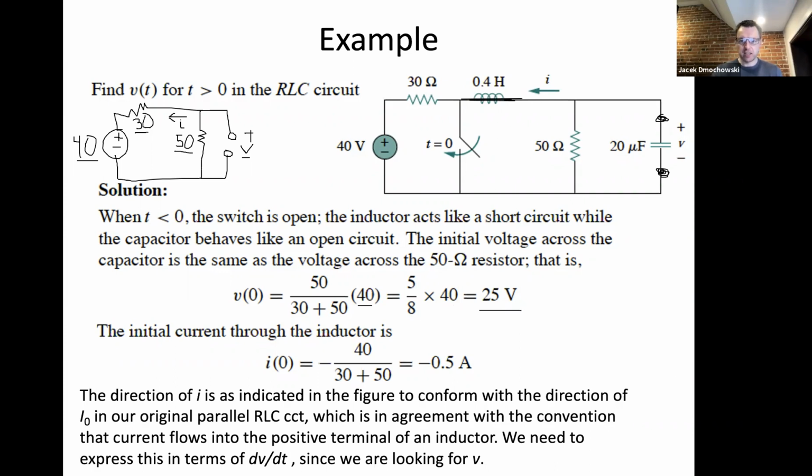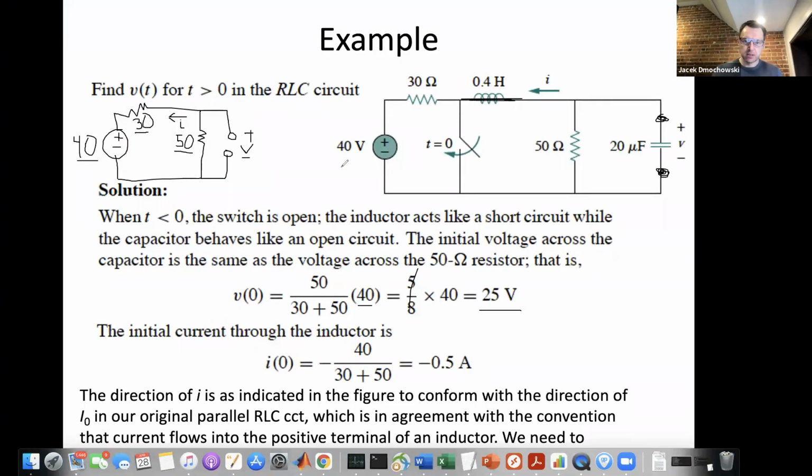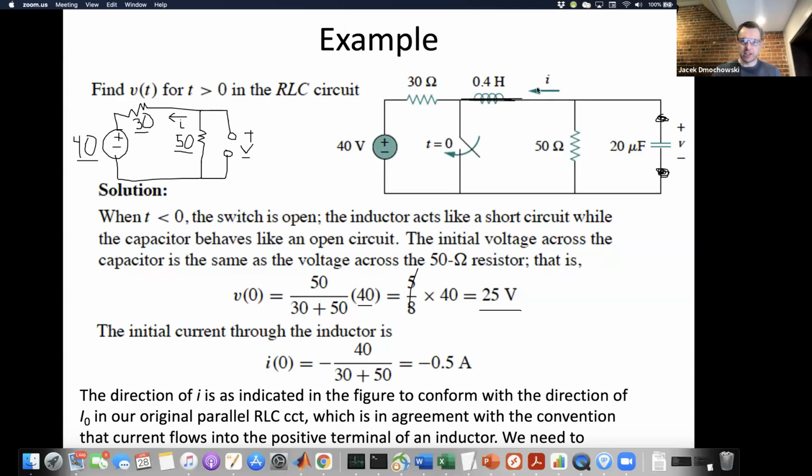Hopefully everyone, if you're not clear on how we got this 25 volts, please do not be afraid to speak up. Okay. All right. So then the next part of this initial condition is the inductor current I. So in this circuit, basically the current is flowing this way. So we suspect that the value of I is going to be negative, right?